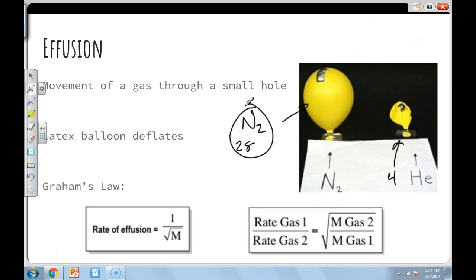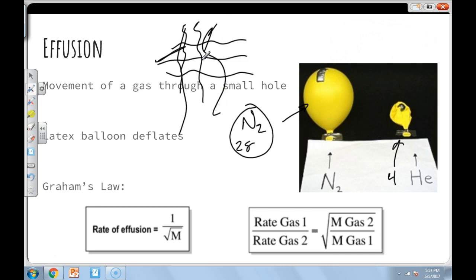That's a bigger molecule. What we may not know is that latex isn't as smooth as we think it is. Latex is made up of big long chains of molecules that come together, but they are woven together in all sorts of patterns. But you'll notice, and I'll do this in red, that there can be holes in the latex.